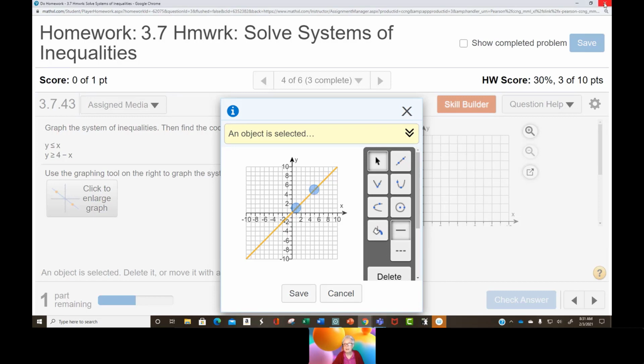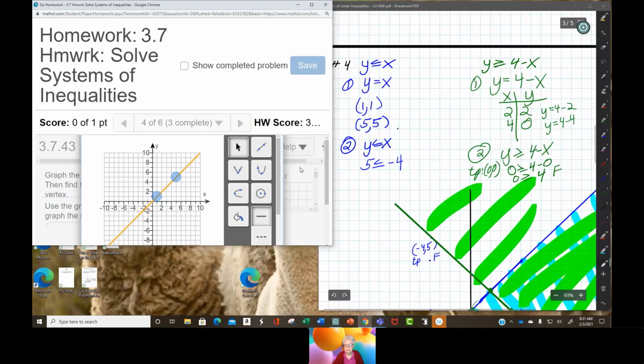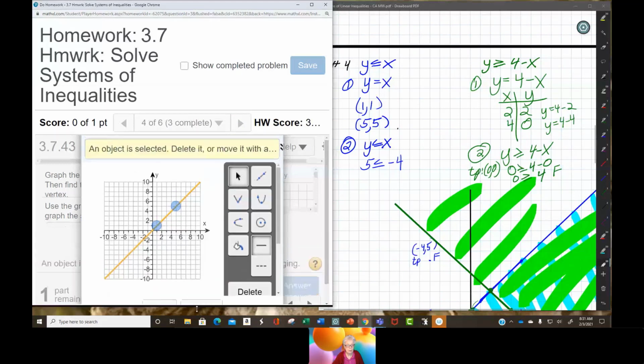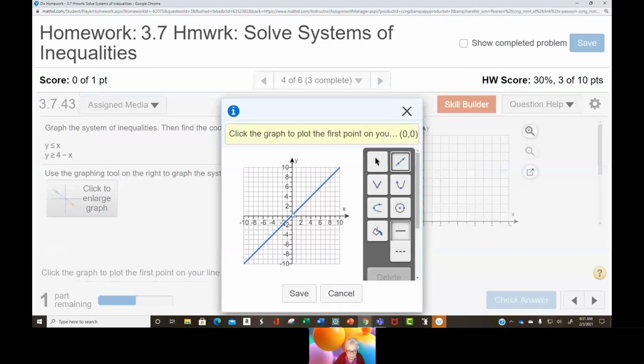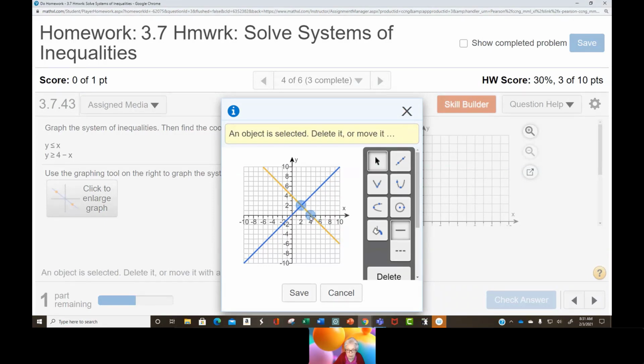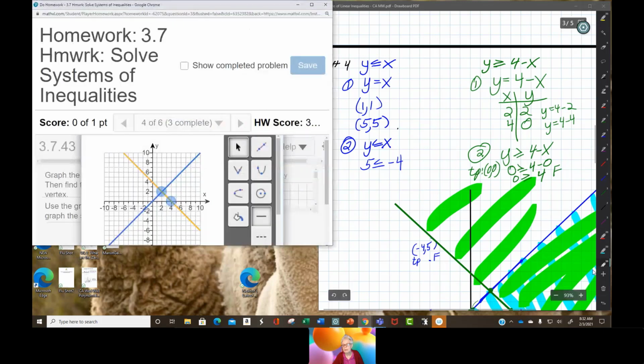Okay, now you've got to graph the lines first. 2, 2, and 4, 0. Click the line again. 2, 2. And 4, 0. Now, check one more time, down here.